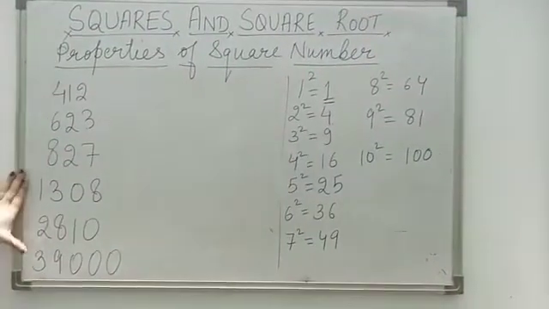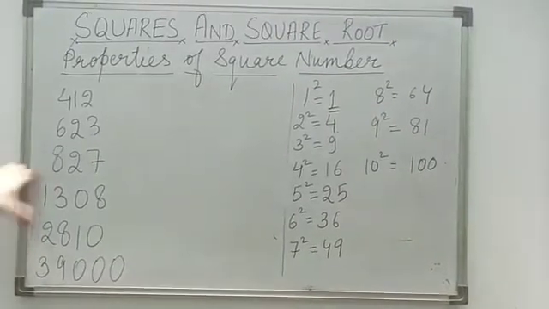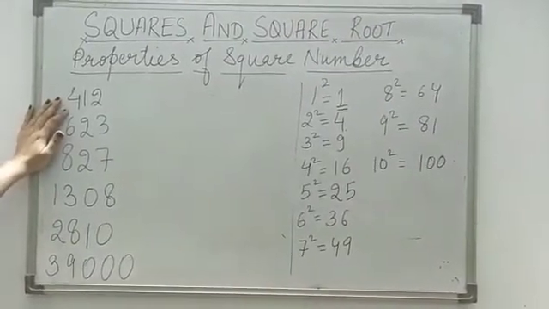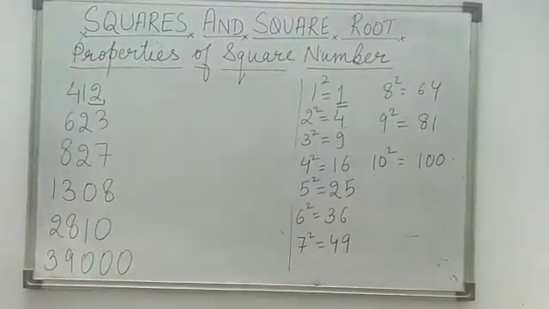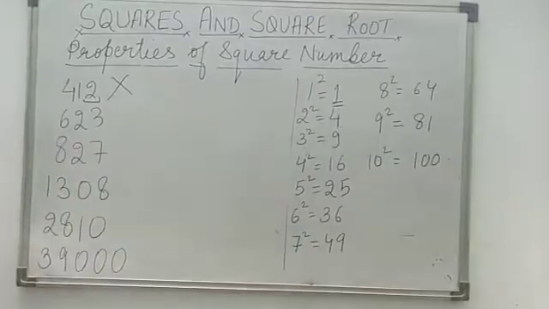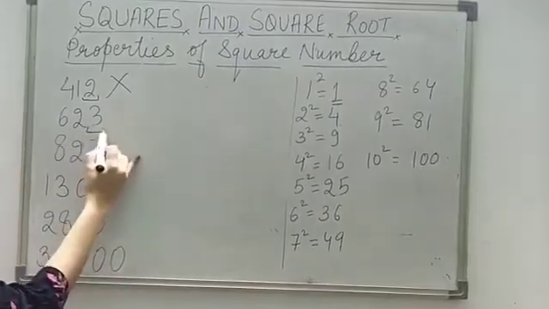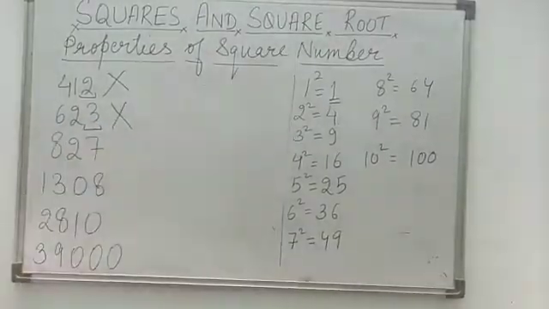Now here are a few questions and you have to check whether these numbers are perfect squares or not. Your first question is 412. Observe the unit digit. Unit digit is 2. Remember your property 1. Unit digit is 2, so it is not a perfect square. Here observe the unit digit. Unit digit is 3. That means it is not a perfect square.